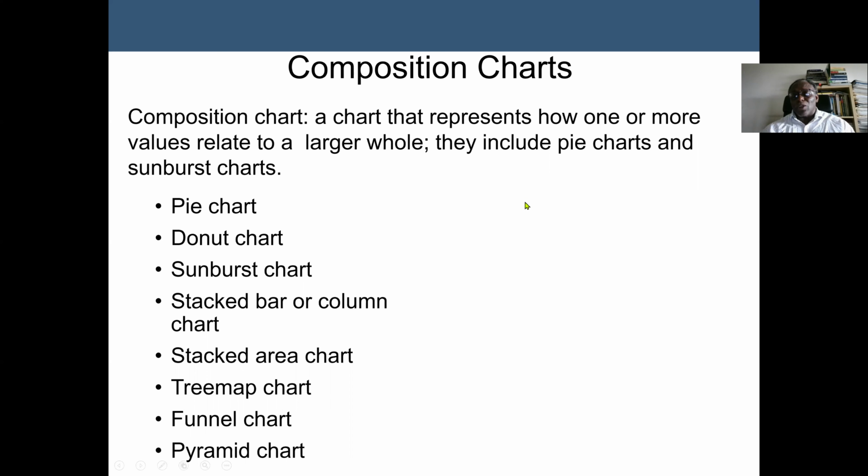Here we see charts that represent 1 or more values related to the larger whole. They include pie charts and sunburst charts. So a composition chart can be a pie chart, donut chart, sunburst, stack bar or column chart, stack area chart, tree map, funnel, and pyramid.